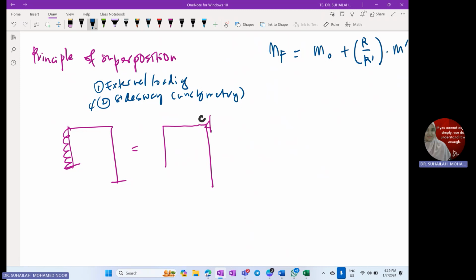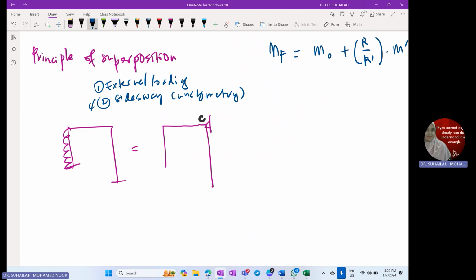In order to calculate FEM due to external loading only, we have to remove delta. How to remove delta? We have to change the frame from the original side sway frame to a properly restrained frame. And what does it mean? Properly restrained frame means there is a restraining force at C. So by putting a pin support at point C, the frame is properly restrained.